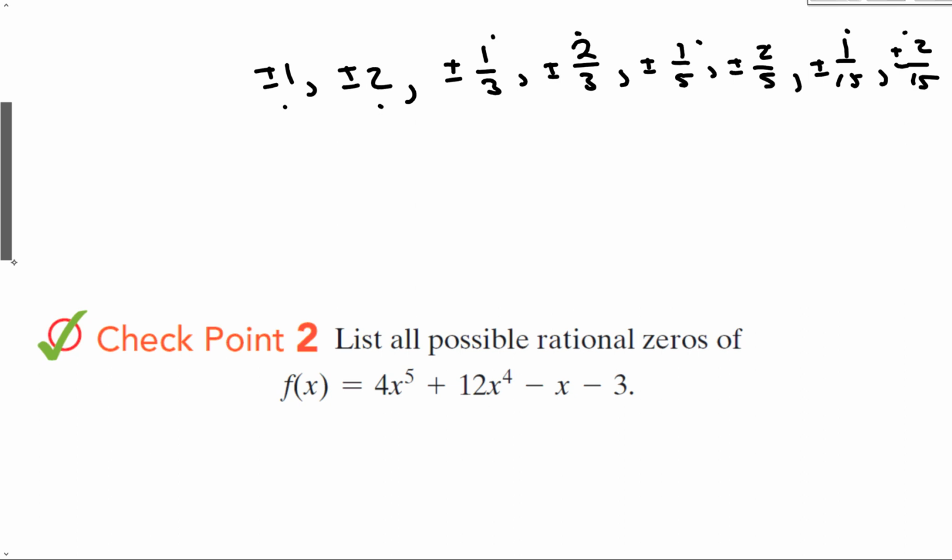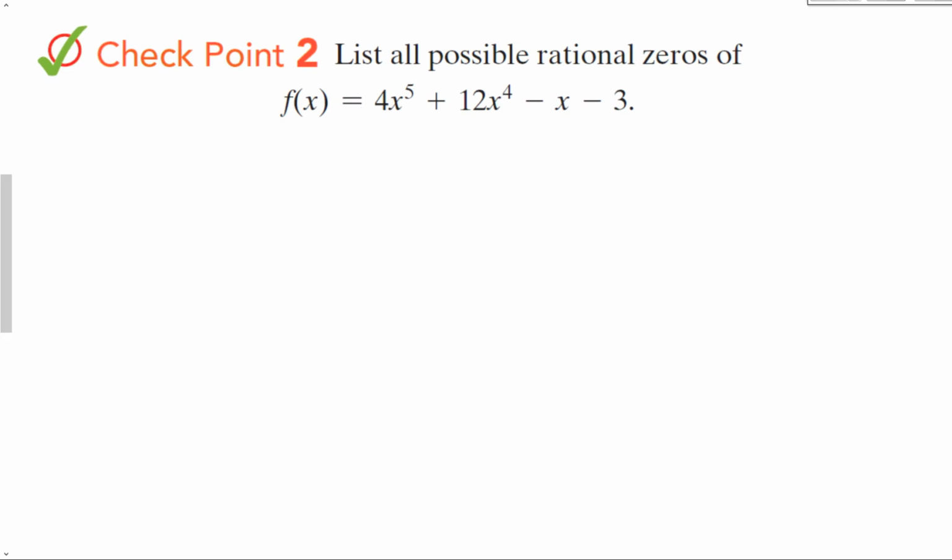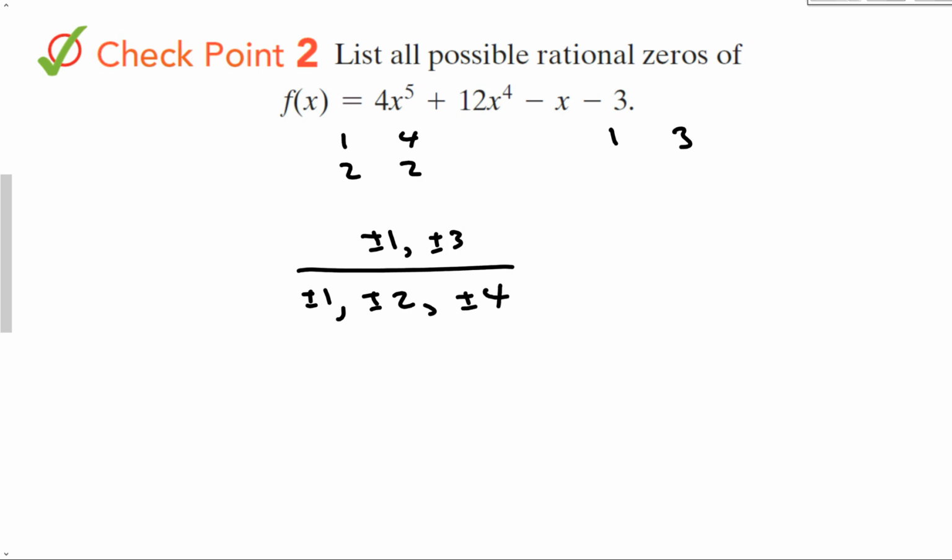Let's look at another one. So my factors of 3 are 1 and 3. My factors of 4 are 1 and 4, 2 and 2. So I want all the factors of 3 divided by, so this is going to be plus or minus 1, plus or minus 3, divided by plus or minus 1, plus or minus 2, plus or minus 4.